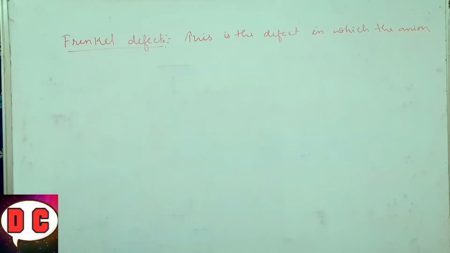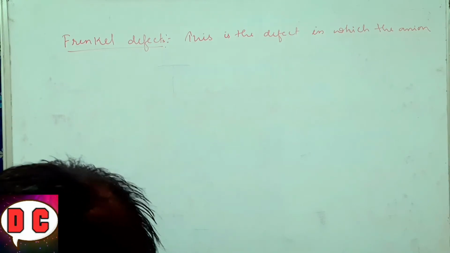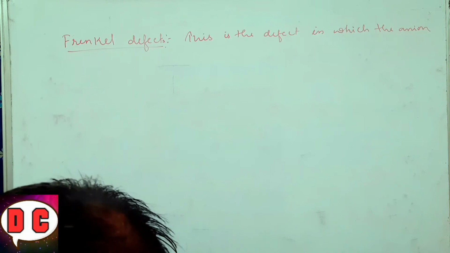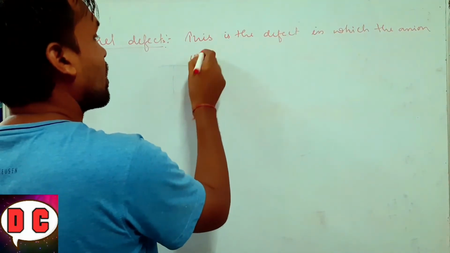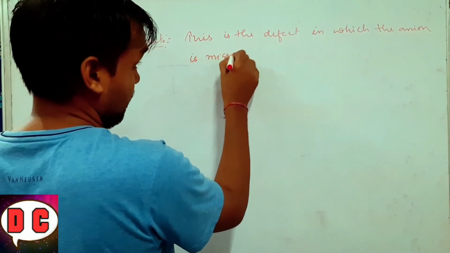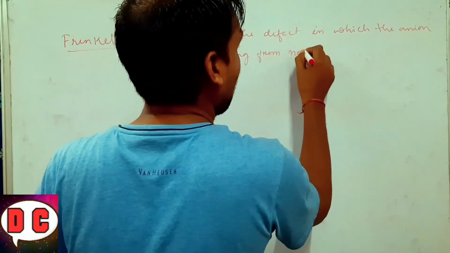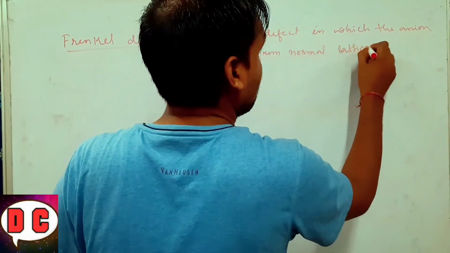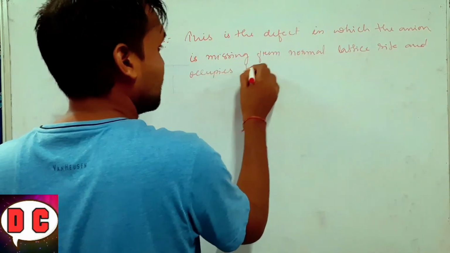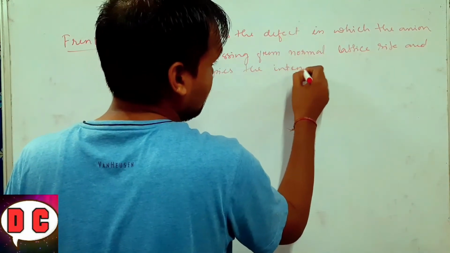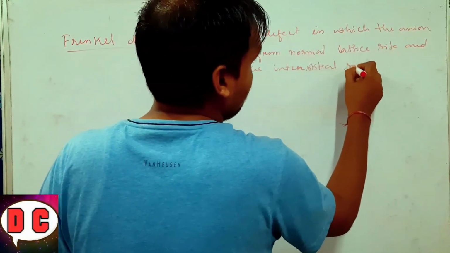Frenkel defect arises when an ion is missing from the normal position and occupies an interstitial site between the lattice points.